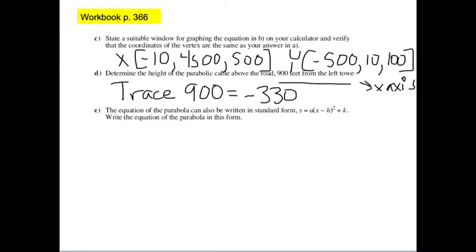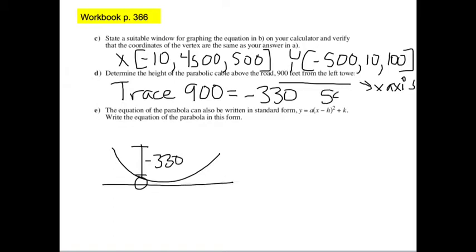Just letting you know, this is not necessarily the height above the road, because the parabola right now is at about negative 330, but what we want is this part right here. So you can take 500 minus 330, and you'll end up with 170 feet above the road.